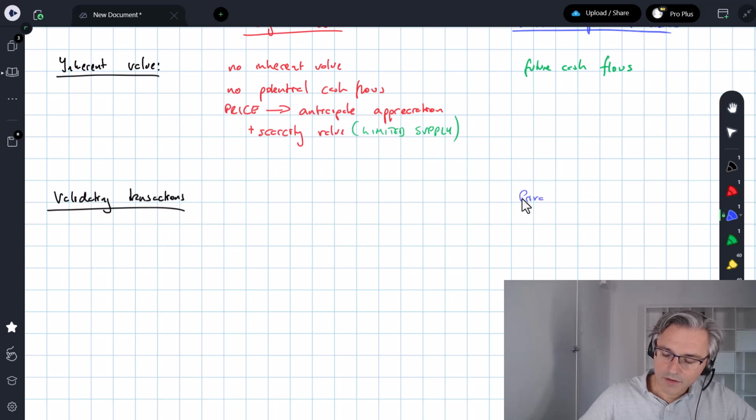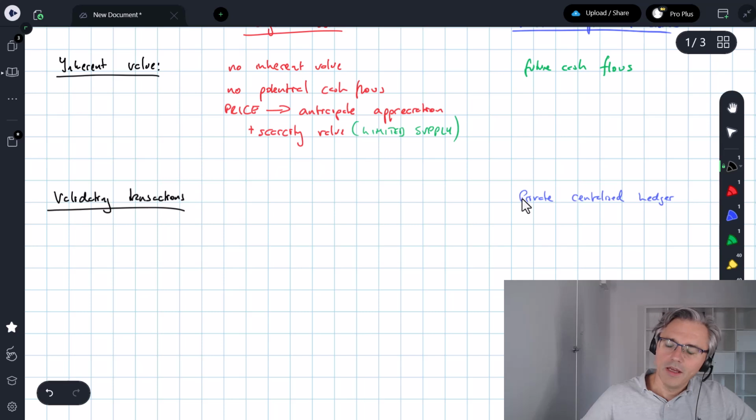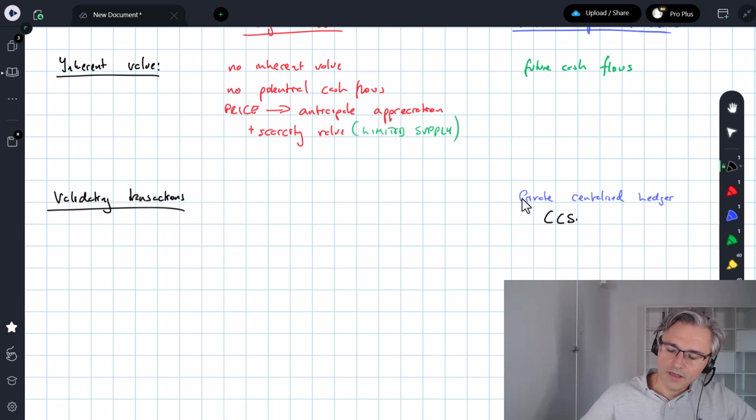So there is a private centralized ledger, a database of who owns what at any given point in time, and this is the function performed by the CSD, the Central Securities Depository in a given country.